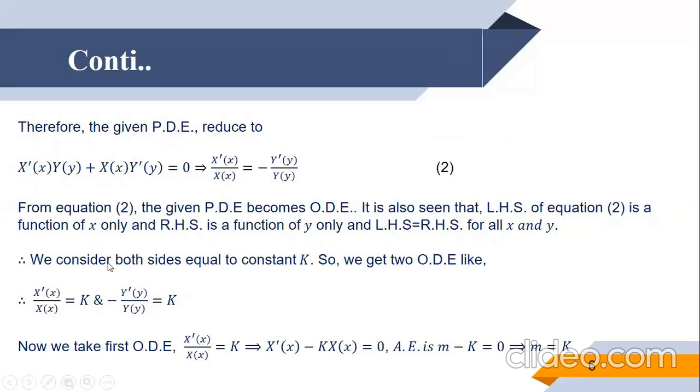Therefore, we consider both sides equal to the constant k. So we get two ordinary differential equations: X dash upon X is equal to k and minus Y dash upon Y is equal to k.